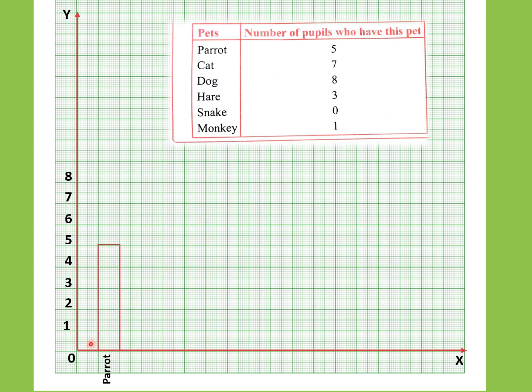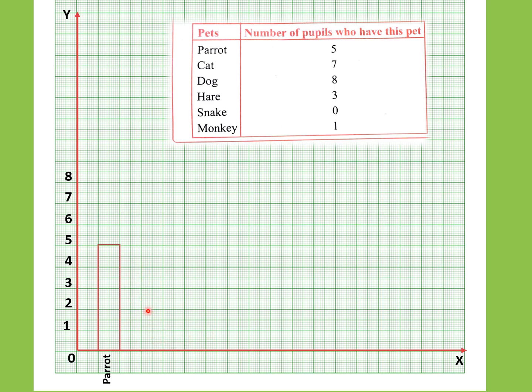And one important thing which I did not mention is that don't start drawing the graph from this first division, meaning don't start just after the vertical axis. Leave one column, then mark the first data. Then again you have to leave one column.